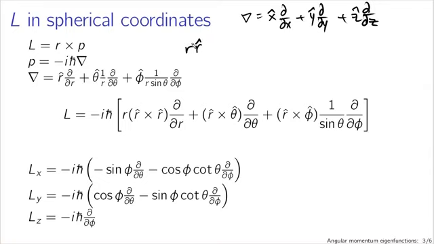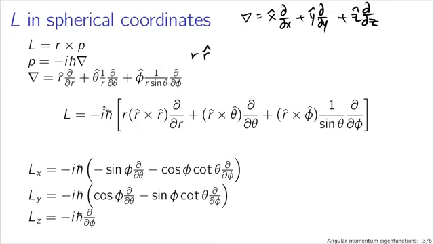And as usual, our position operator is multiplication by the coordinate in question, the multiplication of this with whatever the operator is acting on, some function in this case. So our angular momentum then is going to be a cross product of something like, I don't know why I erased it, r hat. So I'm going to be taking the cross product of r hat, that's the vector part of my position operator, with this part of my momentum operator.